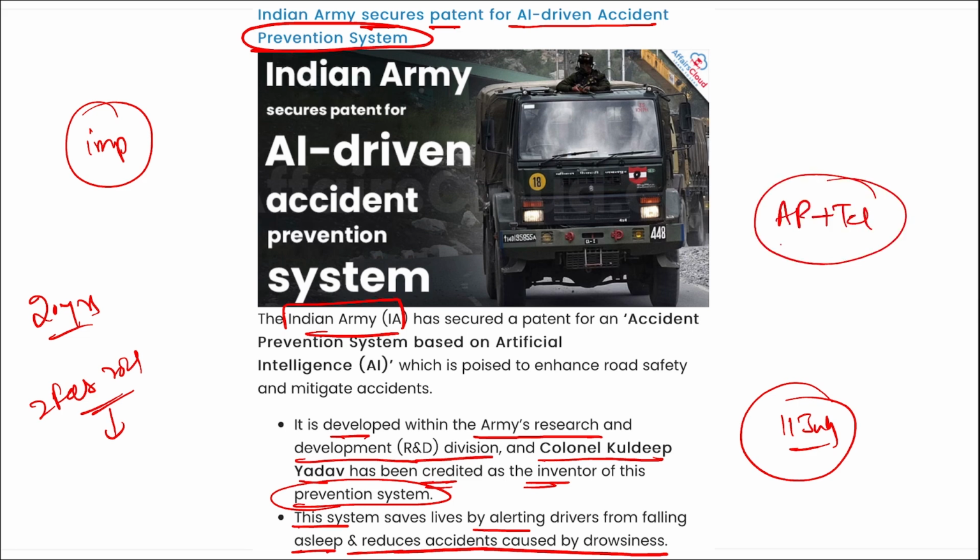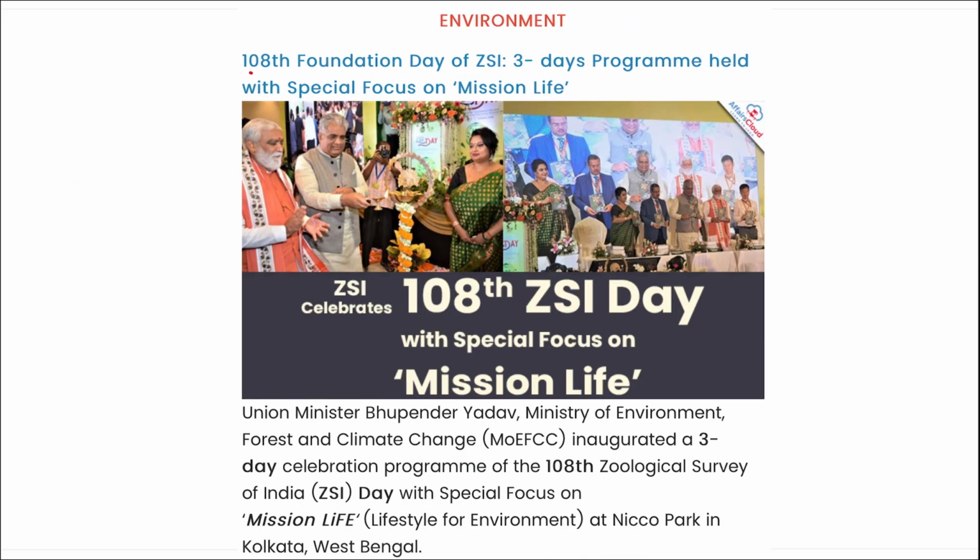Important, take a note. Remember these two states, Andhra Pradesh and Telangana. And this AI driven accident prevention system recently got the patent, and it was by the Indian Army.